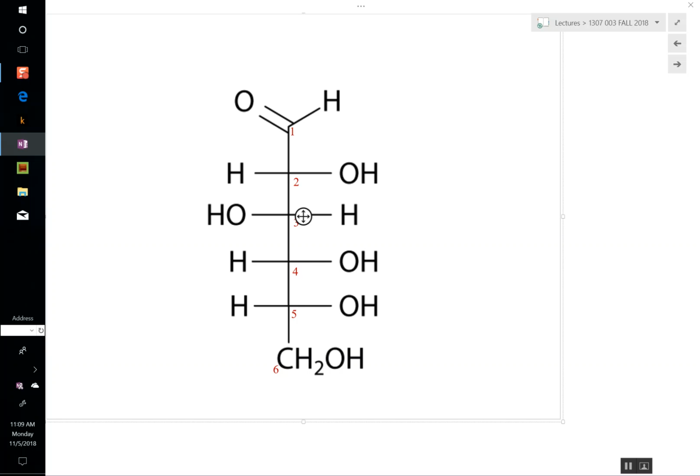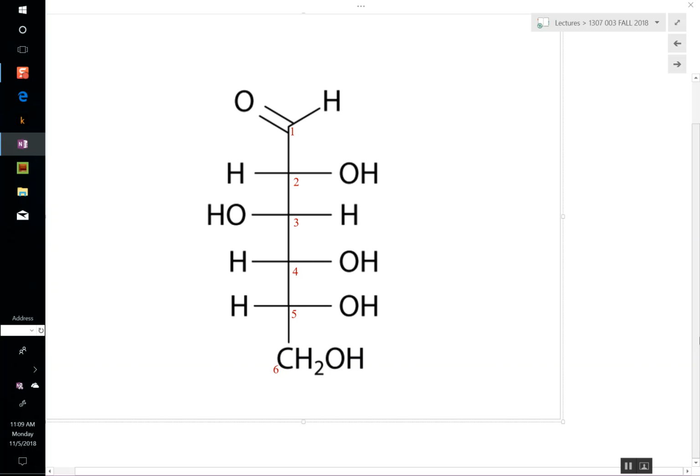And what you will see pretty generally here is we will draw these vertically. We're going to look at them vertically. We're going to get used to examining them vertically with the carbonyl at the top. This is an aldose.